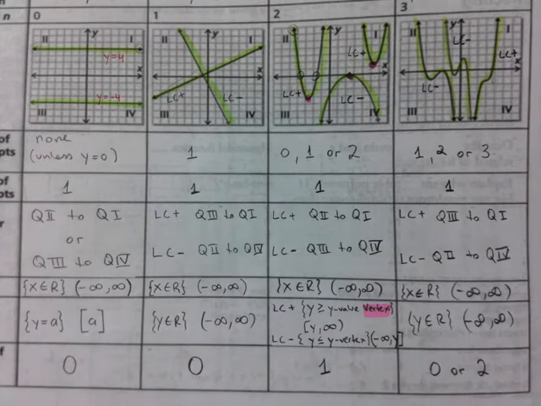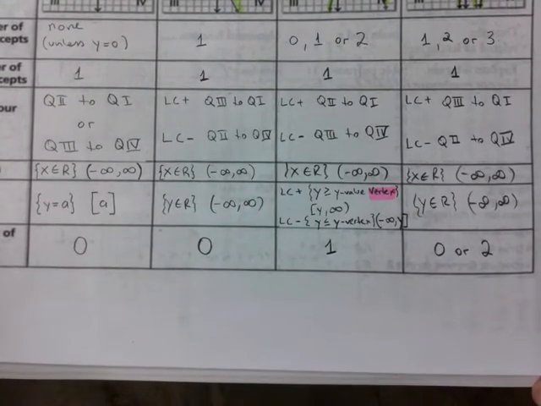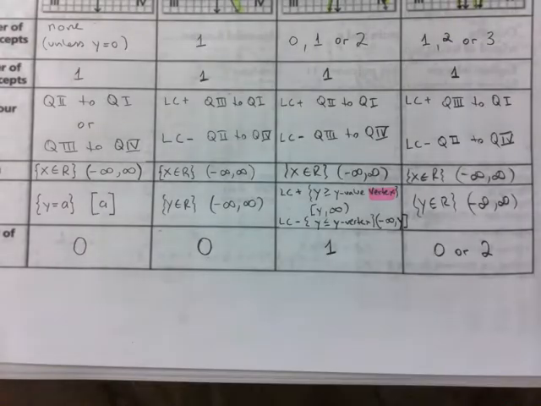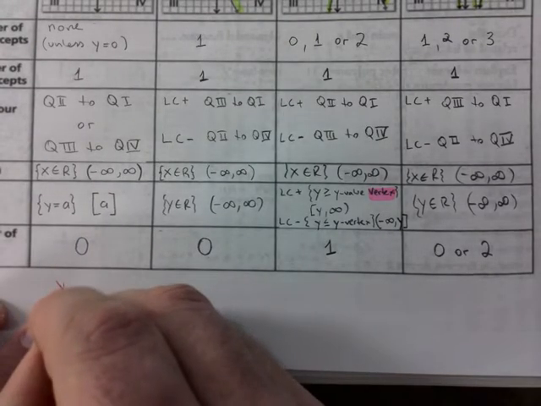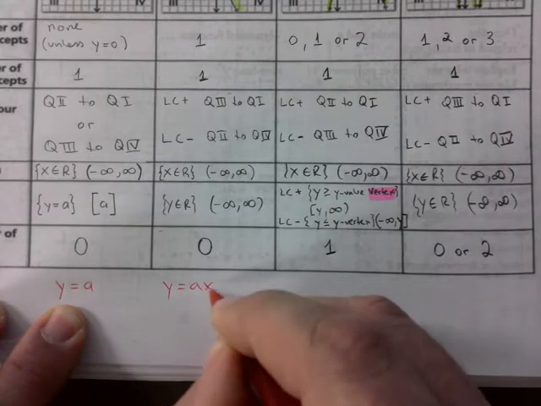So I know your brain is probably exploding a little bit, but as we practice, I'm hoping that it will work out for you. Let me do this one more time. I want you to make sure you have this right. So this would be y is equal to a. This is y is equal to ax plus b.